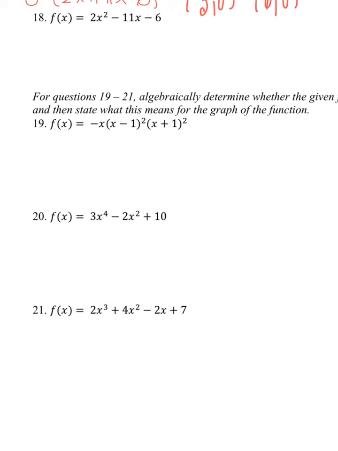And then for my y-intercepts, again, y-intercepts are a bit easier. For my y-intercept here, that's where x equals 0. So this is y equals 2 times 0 squared is 0, minus 11 times 0 is 0, minus 6. So y equals negative 6, so this point is 0 comma negative 6. And then my multiplicity. At x equals negative 1/2, that root came from 2x plus 1 to the first power, so that's odd multiplicity.